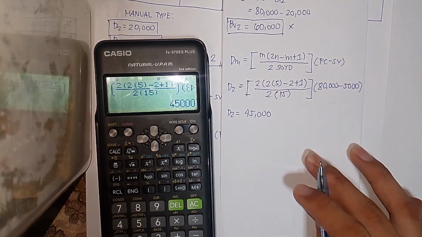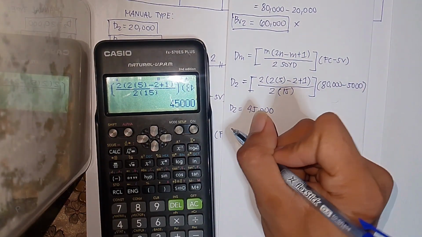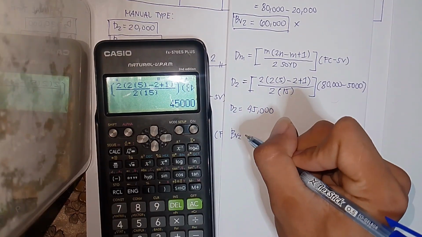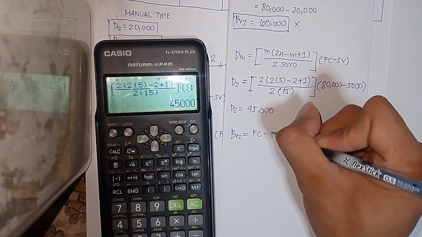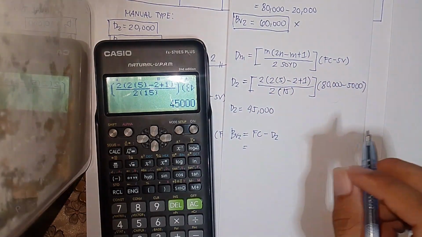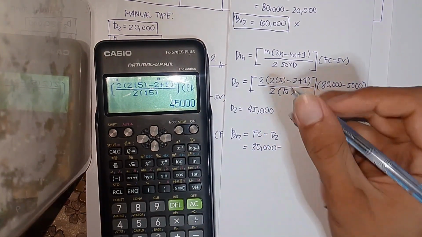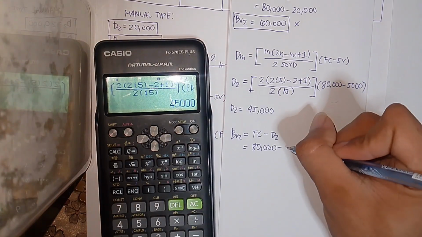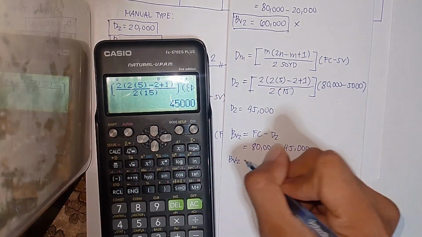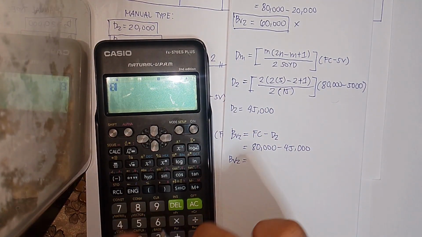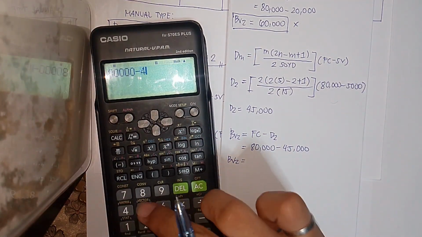Same as solving for formula 1. To get the book value for the end of year 2, we need to subtract from the first cost the depreciation at second year. So the first cost 80,000 minus 45,000. Need to calculate 80,000 minus 45,000.